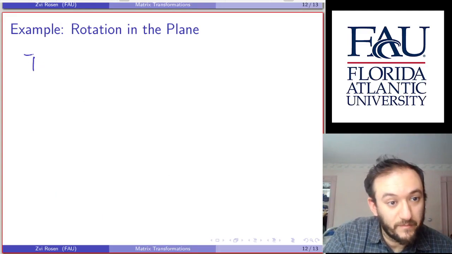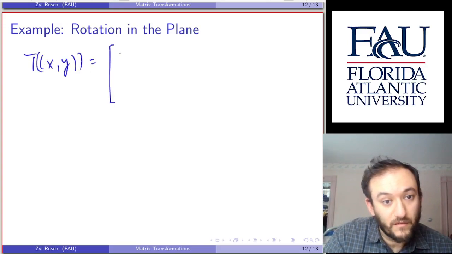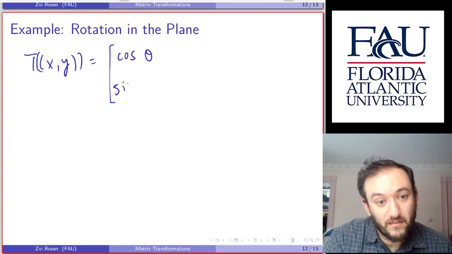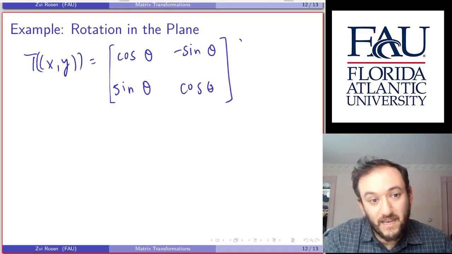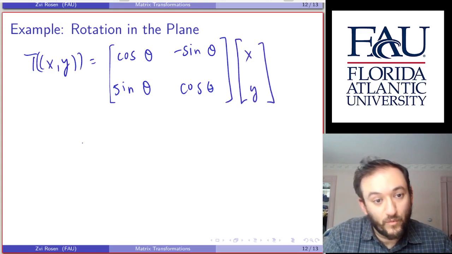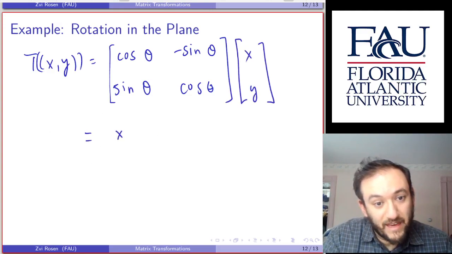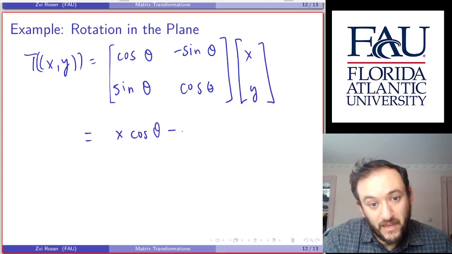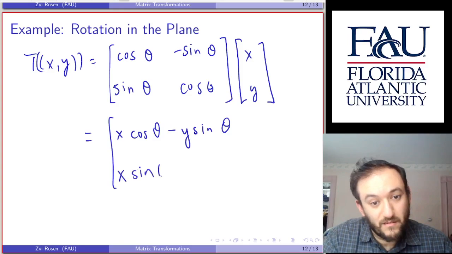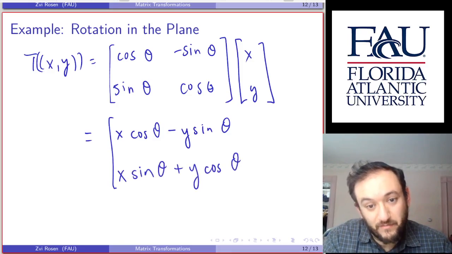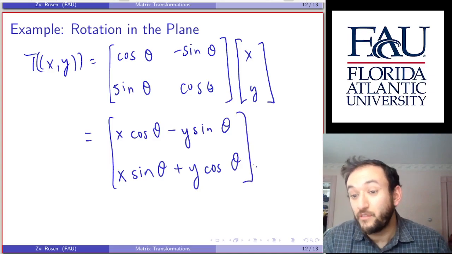So T of x, y will be given by the matrix cosine theta, sine theta, minus sine theta, cosine theta, times x, y, which will have as output x times cosine theta minus y sine theta, x times sine theta plus y times cosine theta. And that's how you rotate a vector through theta degrees.